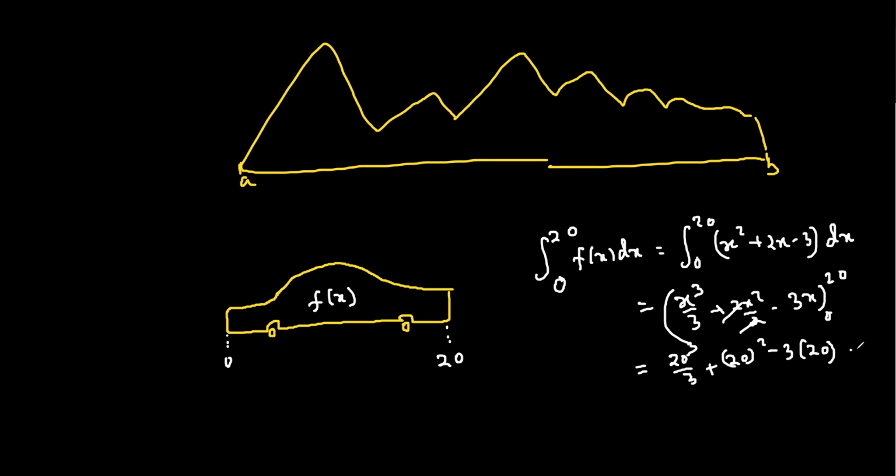And when you put 0, you will get 0, right? When you simplify this, 8,000 over 3 is about 3066.